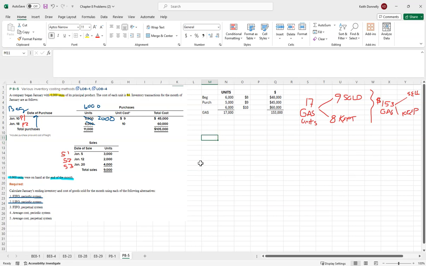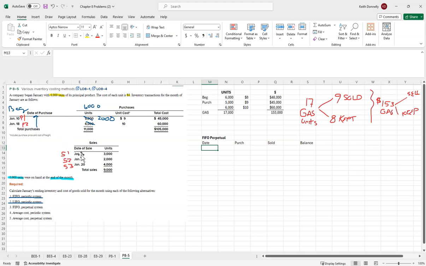Okay, next we're doing FIFO perpetual, right? And the idea with the perpetual is we got to look at this day by day, transaction by transaction. So we're going to need the date. We're going to need what we purchased. We're going to need what we sold if we did, and then we're going to need a balance, right? So we're making a schedule here. And the dates, right, we're drawing right from over here, beginning, right?